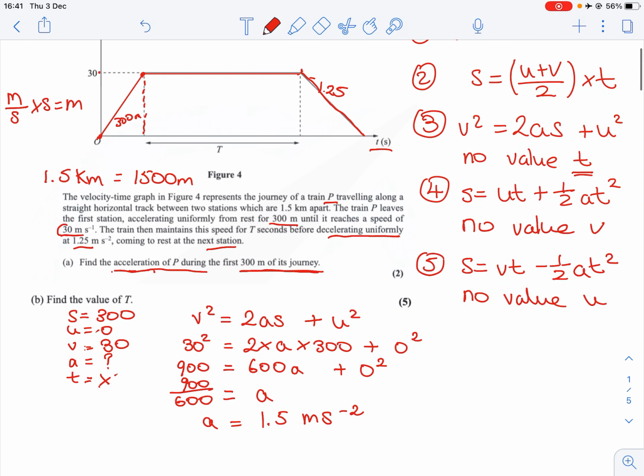Now look at part B. Find the value for t. So we want to find this distance here for t. What other information do we know? Let's look at the question. We know the total distance is 1,500 meters, so the whole area underneath has a total of 1,500 meters.